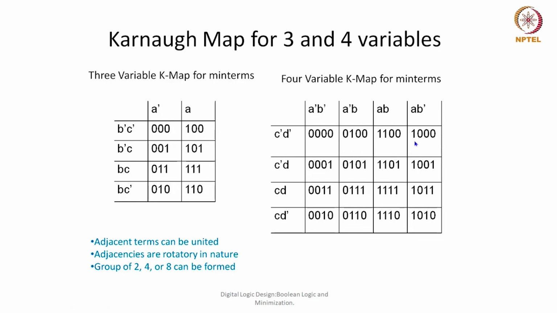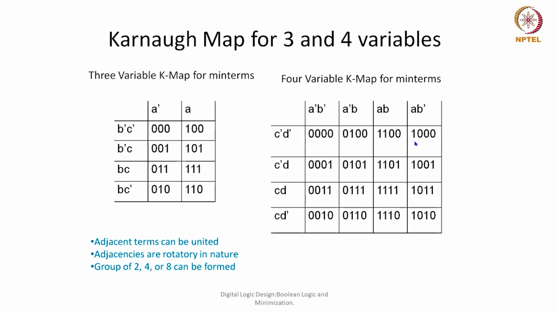So adjacency could be with an adjacent cell, or it could be coming from the top, or basically it could be a rotation based adjacency. The number of cells which could be combined could be 2, 4, or 8. So any power of 2, if we find a group of them forming a rectangle or a square, we can use all of them to combine.